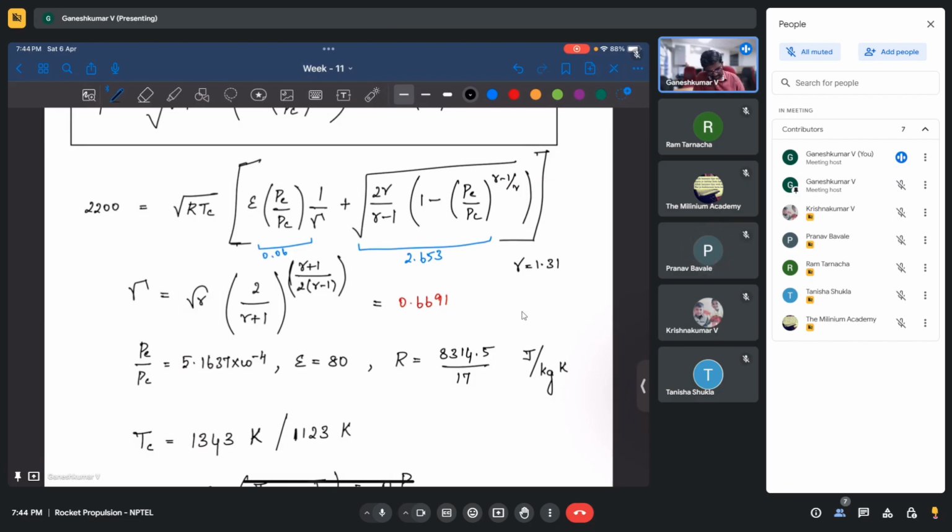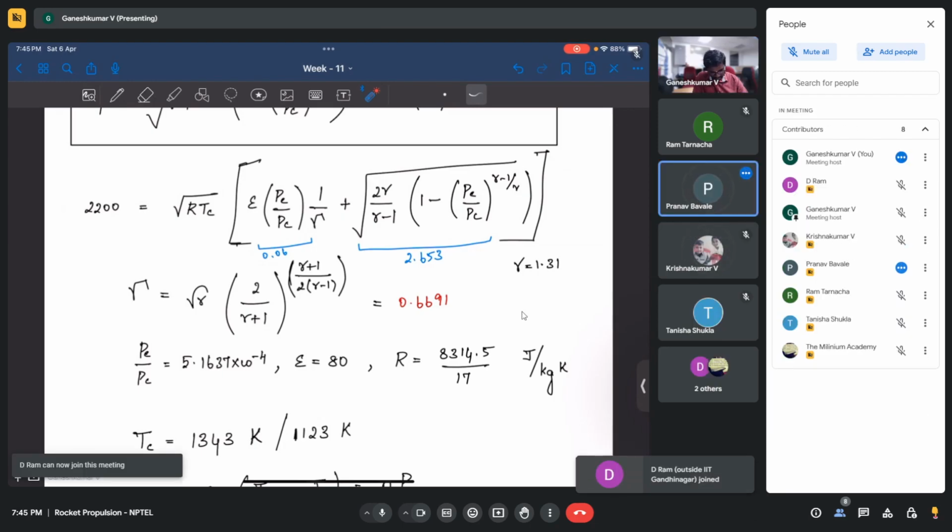So you made this square? I took this whole bracket below the ISP, 2200, and that whole thing squared, then divide by 1 by r. Even if you do that, you will still have the same thing, right?